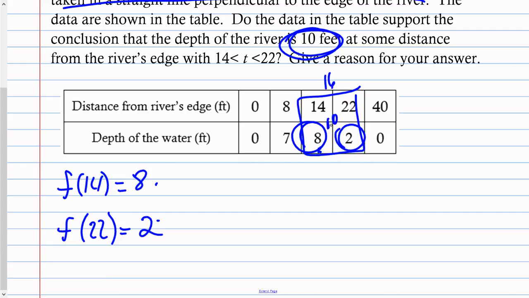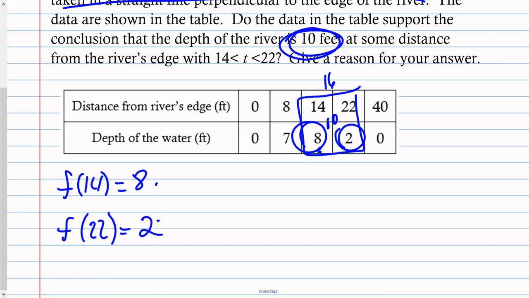Is it possible that the depth was 10 feet at 16 feet from the river's edge? Yes. But am I certain? No. I don't know for a fact. So since 10 is not between 2 and 8, I'm going to have to say no. Was it a possibility? Yes. But I need to know for certain.